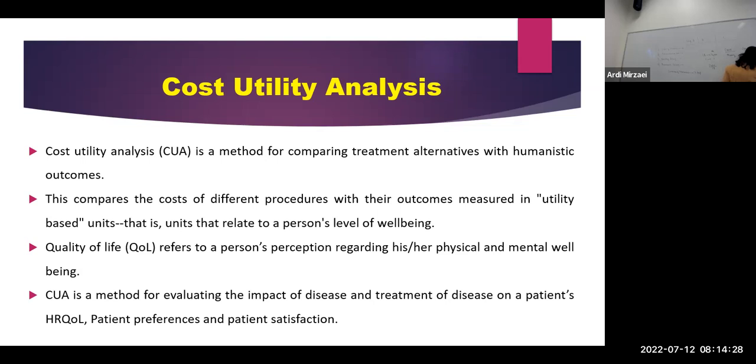Humanistic outcomes. That means the outcome is measured in terms of quality of life. This is used in those cases where there may not be full treatment, in the sense there is no cure, for diseases like end stage renal problem or last stage of cancer and all that. There is no cure.